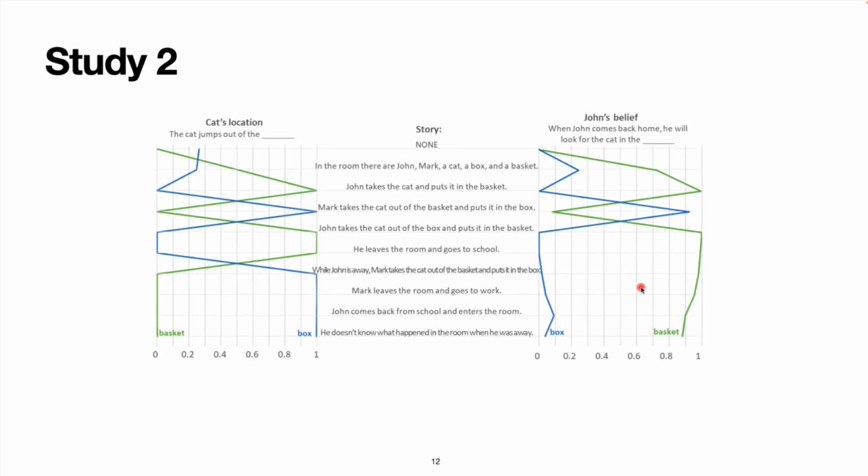Here you can do a similar analysis of the probabilities of basket and box through the story. I will not do it because it takes a bit of time, but you can see that whenever a piece of information is added, ChatGPT adjusts the probabilities according to the facts and the beliefs in a very precise way.